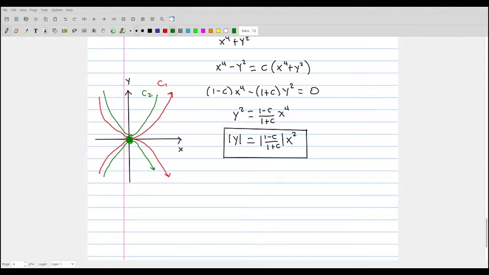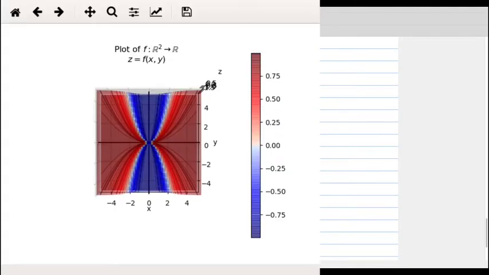And to see this, we can go through and use our graphing program again, our plotting program. So if I run the Python code, it takes a second to run. And we look at the image that we get from the Python plot here.